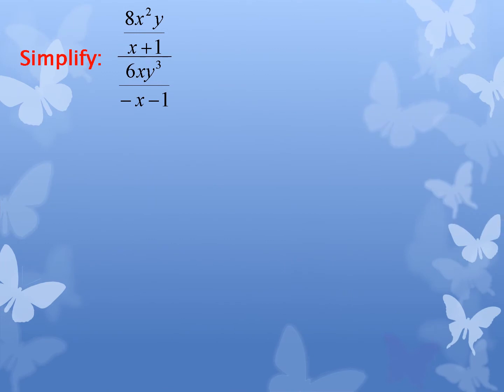Our next example wants us to simplify 8x squared y over x plus 1 all over 6xy cubed over negative x minus 1. Now, whenever you see a fraction within a fraction, the first thing you want to do is rewrite it as a division problem.